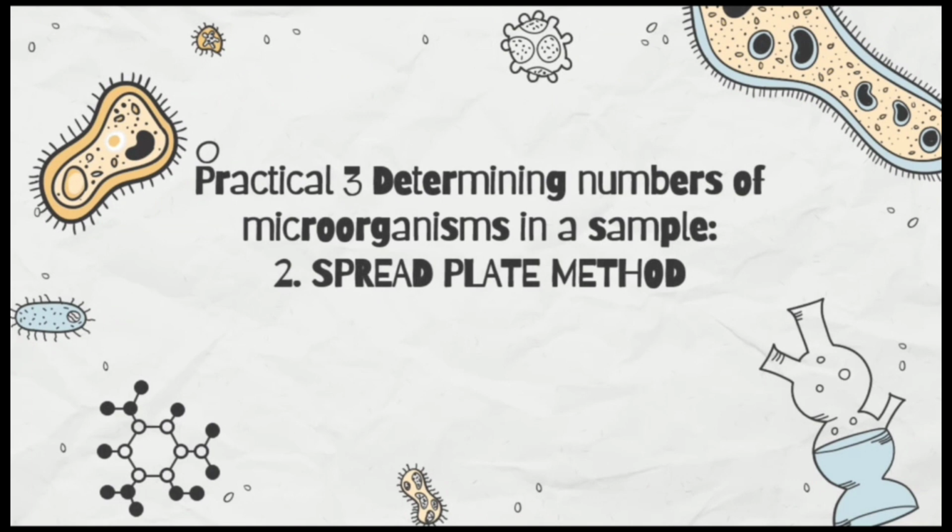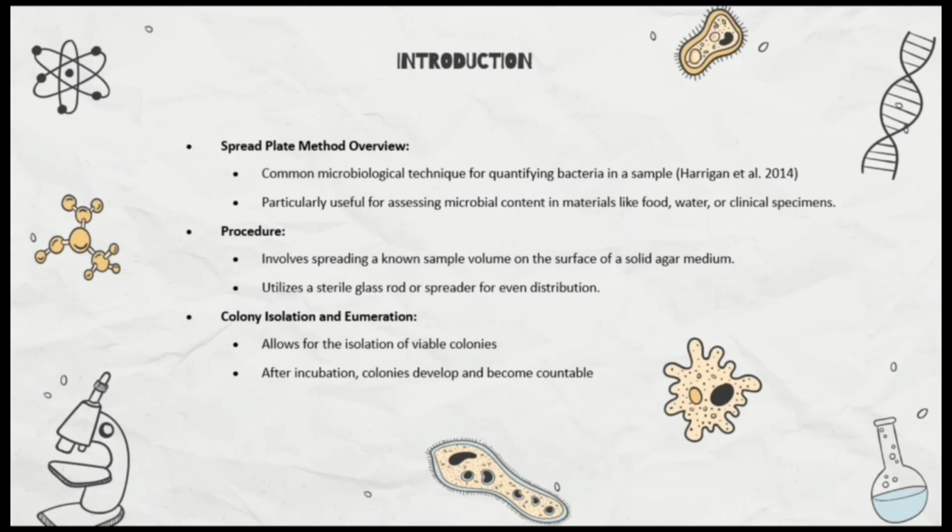Practical 3. Determining numbers of microorganisms in a sample by using the spread plate method. One common method used in microbiology to ascertain the number of bacteria in a sample is the spread plate method. When evaluating the microbial load of materials such as food, water, or clinical specimens, this technique is especially helpful.